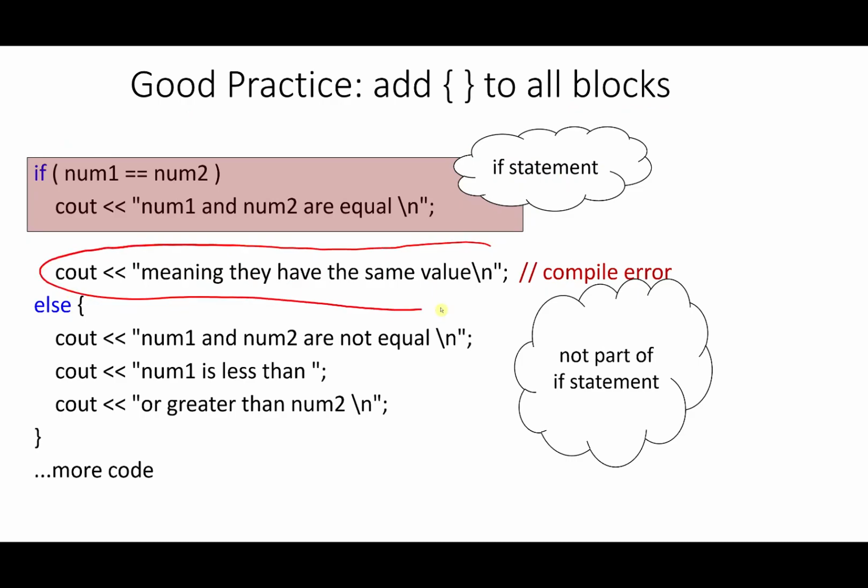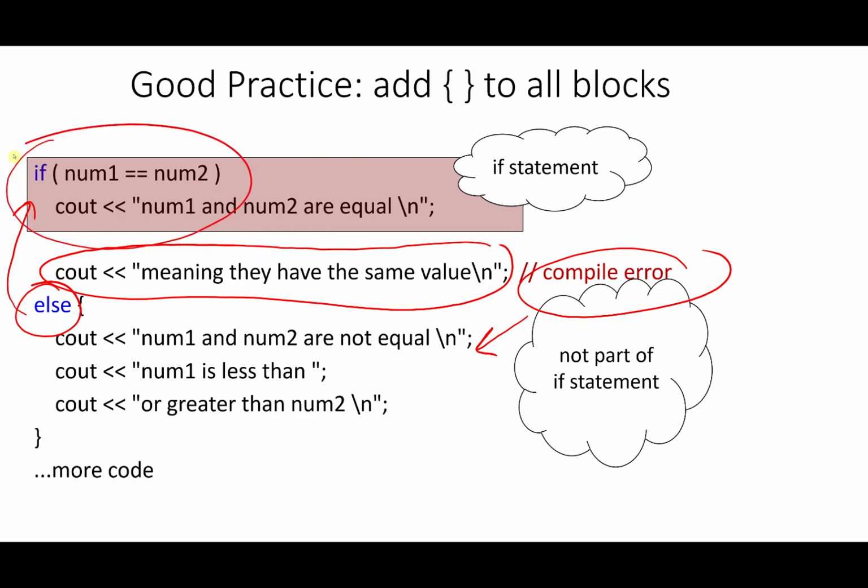This is going to be executed anyway, and the compilation error says that this else is dangling there without any if. So if you're going to have an else, you must have an if, because the else is dependent on the Boolean expression of the if. If it's separated, like in here, where this line is separating the else from the if, then compilation error.